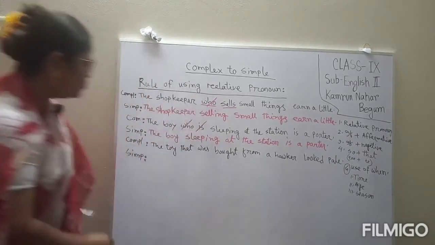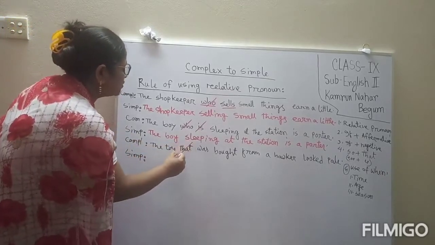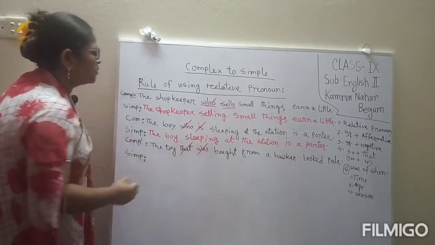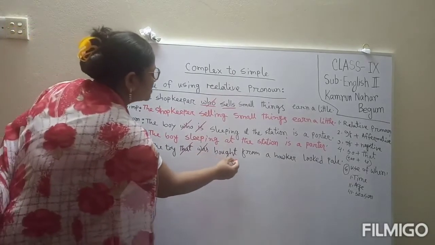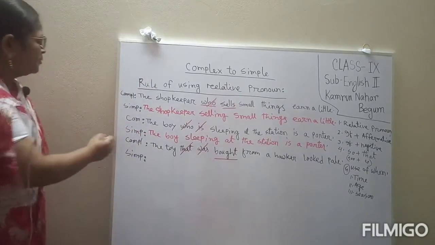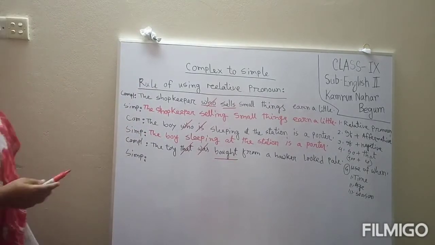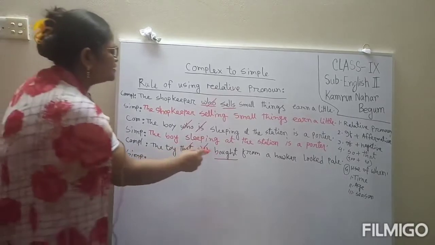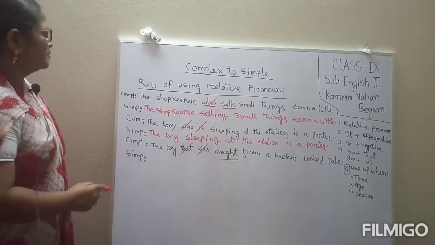Now what will we do? We have to vanish the relative pronoun at first, then vanish the be verb or auxiliary verb, and we will keep the past participle form of the verb as in the complex sentence, because we will make it a non-finite verb and it is another form of making a non-finite verb.